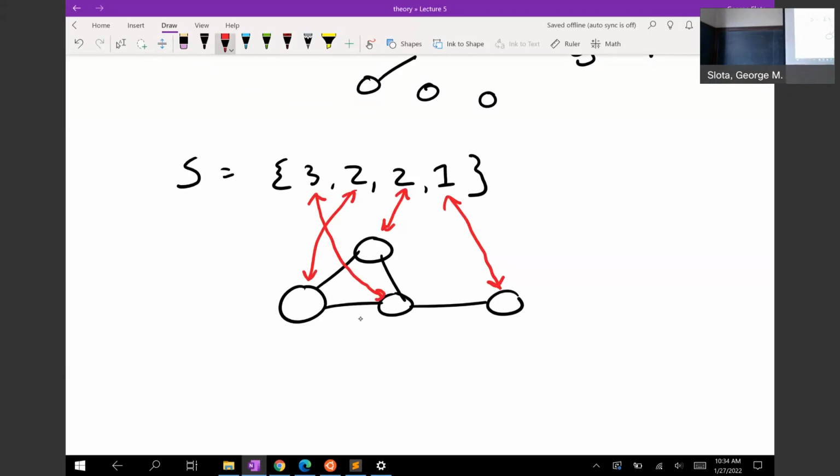So it's irrespective of any kind of isomorphic relation. This is only mapping degrees. So we're not considering the actual structure or topology of the graph being realized, just the degrees of the vertices.